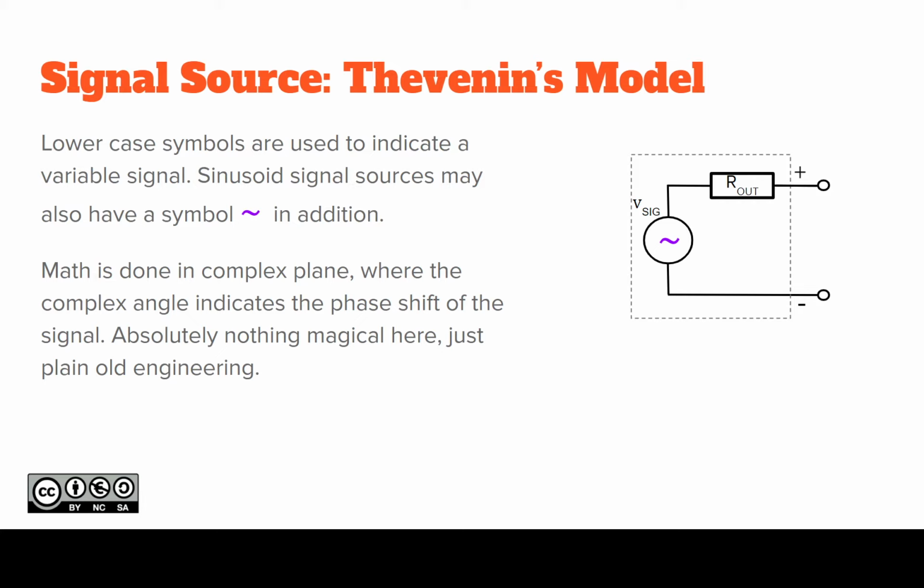But still, you have only the output resistor inside of the Thevenin's model. It may have this variable voltage source, but the resistor is still a resistor at the output. It doesn't have the complex impedance. If an amplifier output or such happens to have some reactance, then it's usually marked outside of that model.